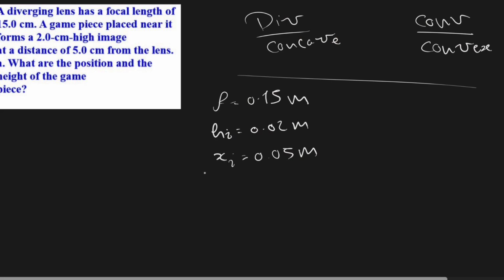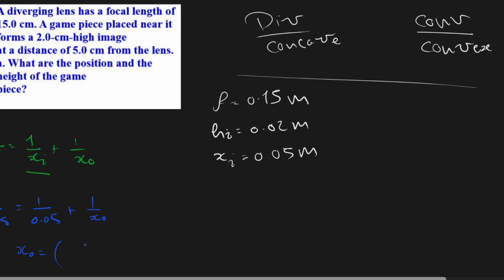Okay, so to find the position, we will use the first equation again, which states that 1 over f is equal to 1 over xi plus 1 over xo. And the nice news, we have xi, we have f, so we can solve it. So let's replace it with a number. So 1 over f, 0.15, is equal to 1 over xi, which is 0.05, plus 1 over xo, and we can solve for xo.